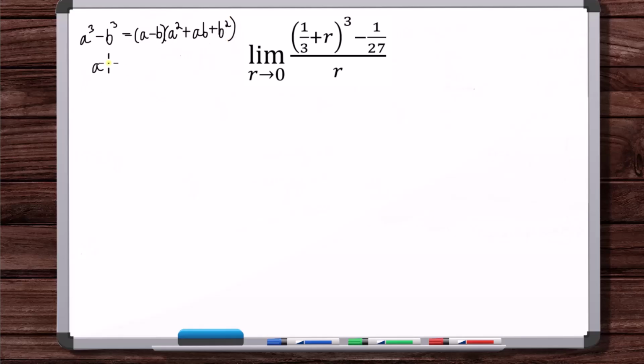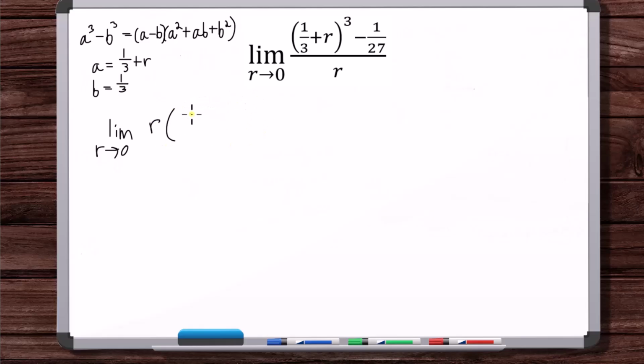Now here, in this case, we have a equal to 1/3 plus r, and then b is equal to positive 1/3, because we have a cubed minus b cubed. So what that results in is, a minus b, 1/3 plus r minus 1/3, is just r.